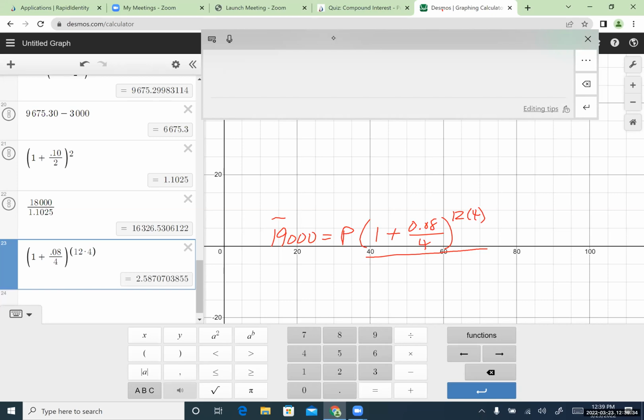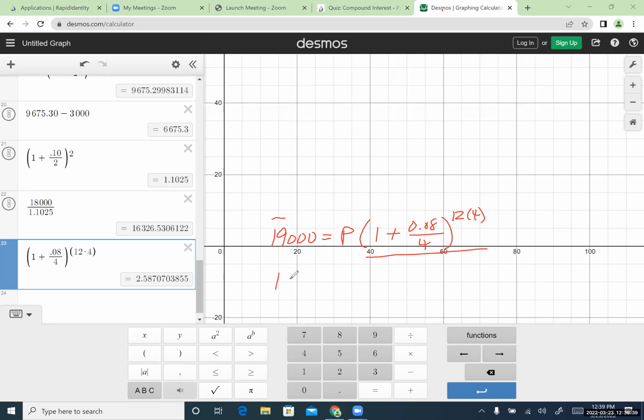So that means that 19,000 equals P times 2.587. And I'll just round there. We should be able to tell what our answer is. So to find P, you divide both sides by that 2.587. 19,000 divided by 2.587, and that should give us the initial investment amount.